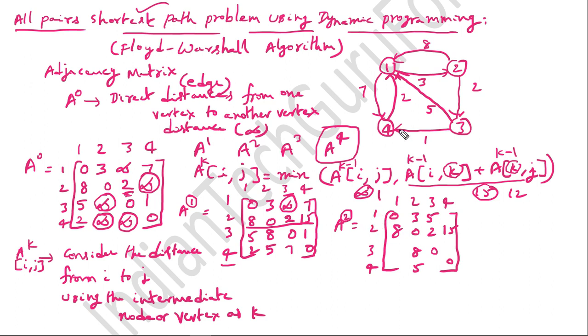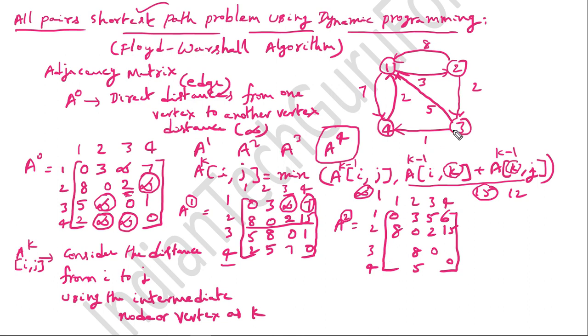Next from 1 to 4, using the intermediate node 2. So 1 to 2, 2 to 3, 3 to 4. 1 to 2 is 3, 2 to 3 is 2, 3 plus 2 is 5, 3 to 4 is 1, 5 plus 1 is 6. But already 7 is there. But 6 is less than 7. So replace 7 with 6.